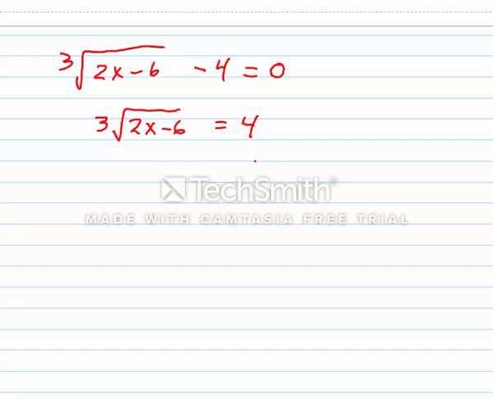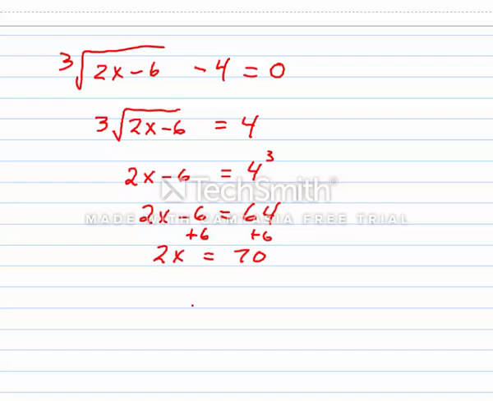Now we cube both sides, and we get 2x minus 6 is equal to 4 cubed. 4 cubed is 64. 2x minus 6 is equal to 64. Add 6 to both sides. We get 70. And x is equal to 35.